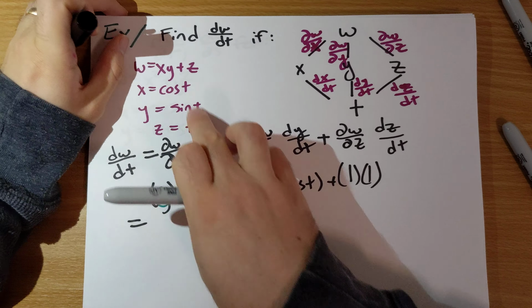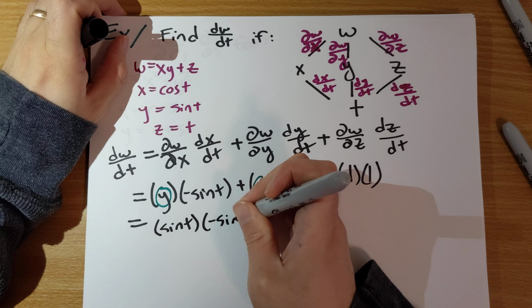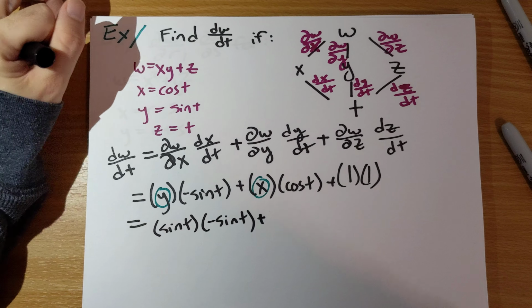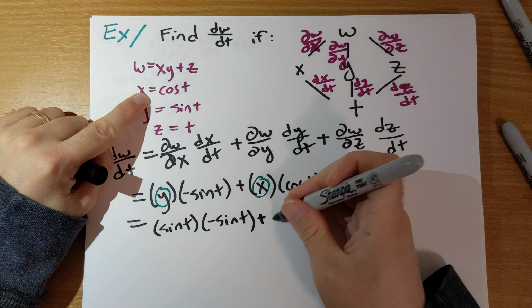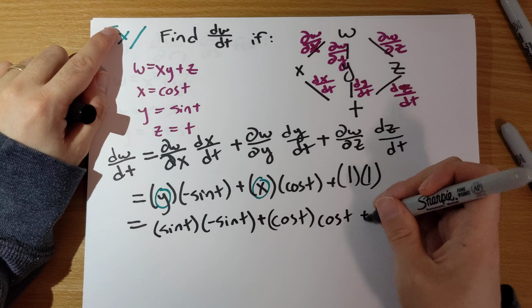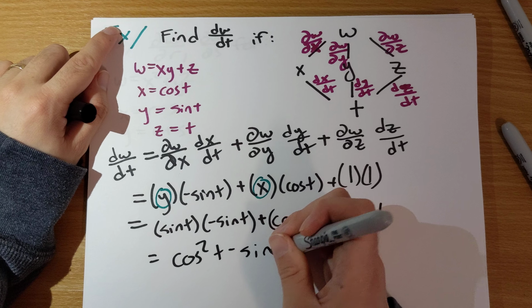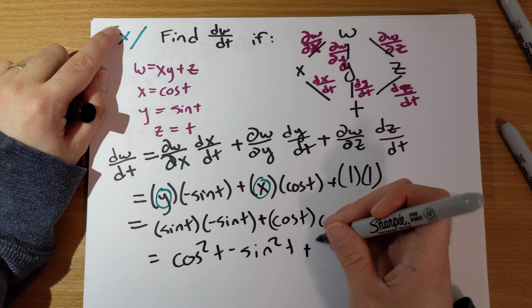So y is sine t, so sine t times negative sine t, plus x is cosine t times cosine t plus 1, so cosine squared t minus sine squared t plus 1.